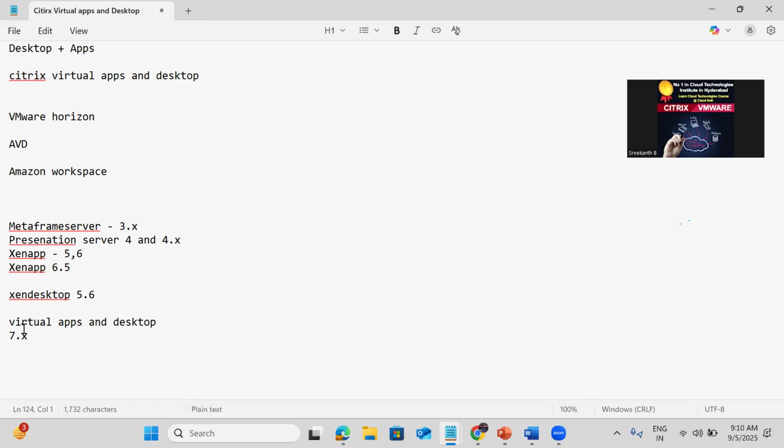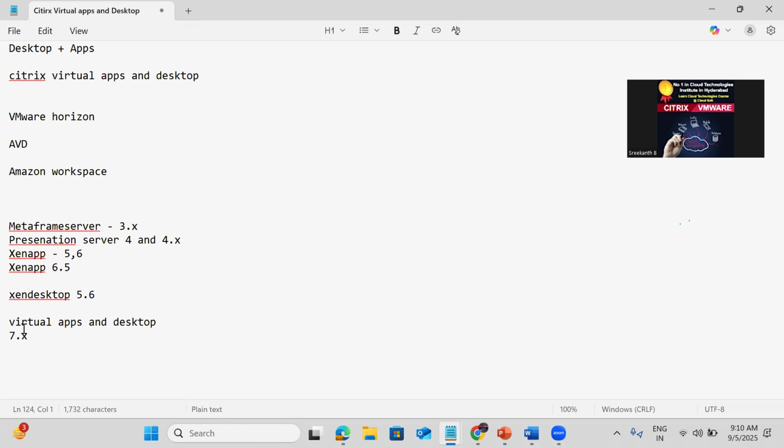That means both XenApp and XenDesktop have been integrated now. Then we have 7.5, 7.6 like this, and the Citrix products have started.